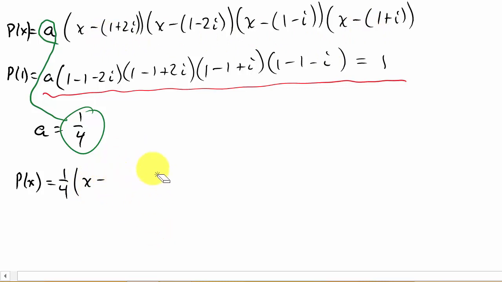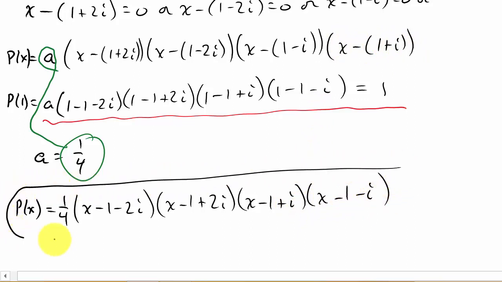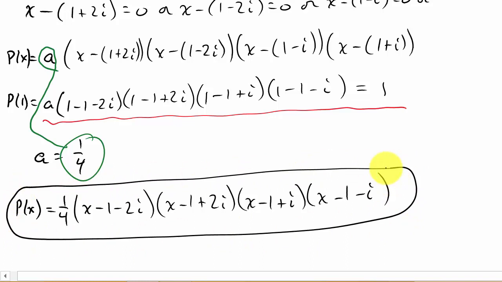If you want, you can distribute the negatives: x minus 1 plus 2i, x minus 1 minus 2i, then x minus 1 plus i, and x minus 1 minus i.